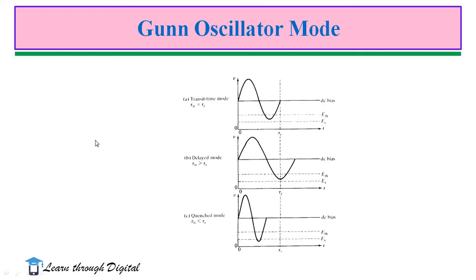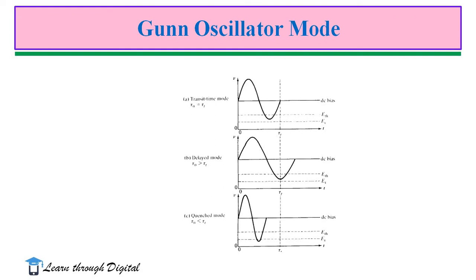Second mode, figure B, illustrates the delayed domain mode. Generally, the fL product ranges from 10^6 cm per second to 10^7 cm per second. When the transit time is chosen so that the domain is collected while E is less than ETH, a new domain cannot form until the field rises above the threshold again.